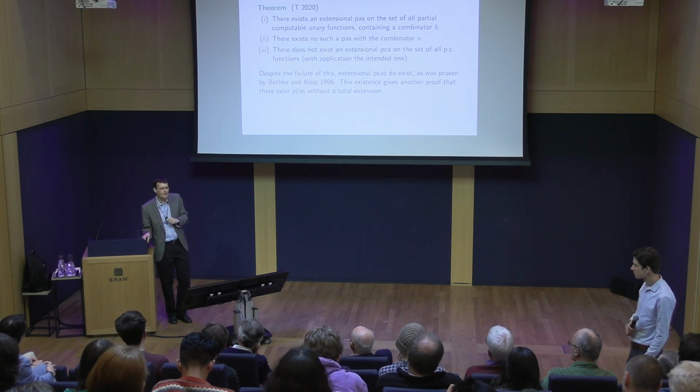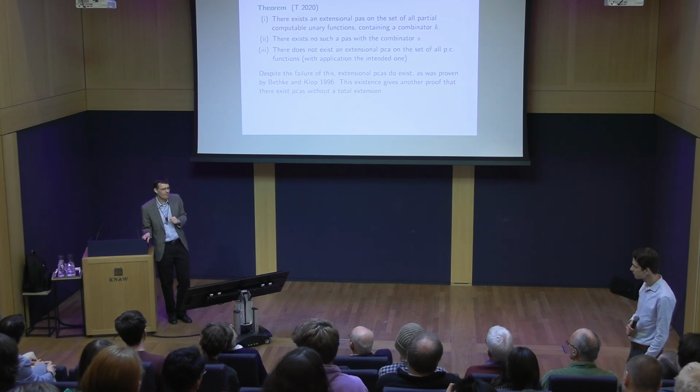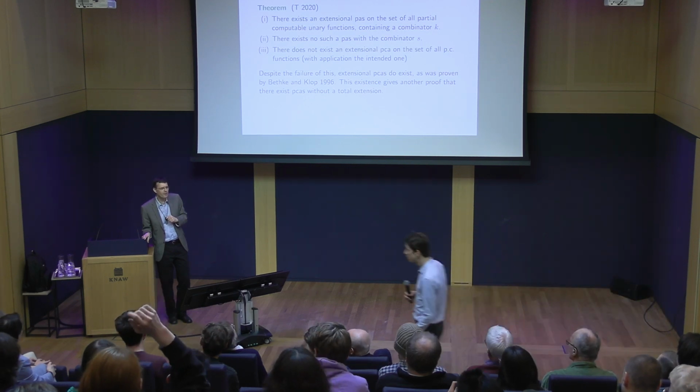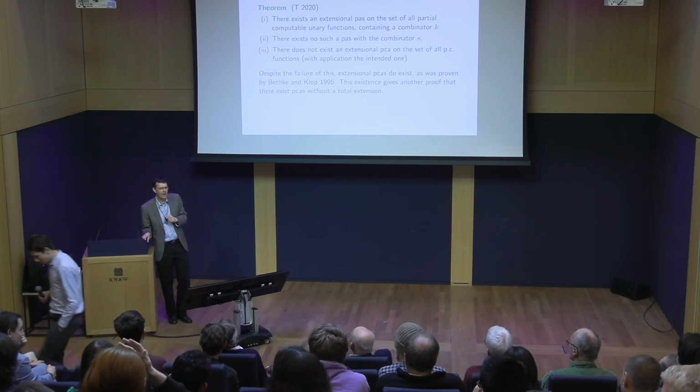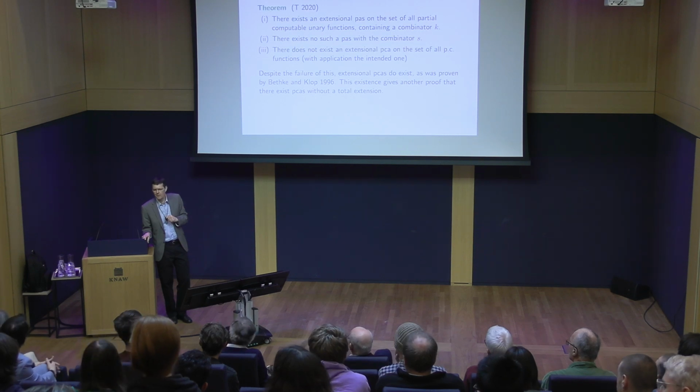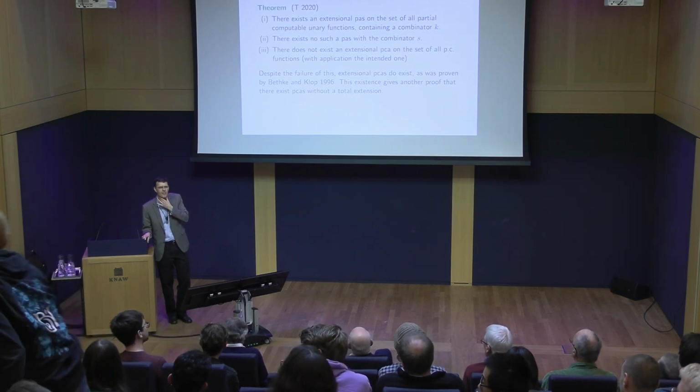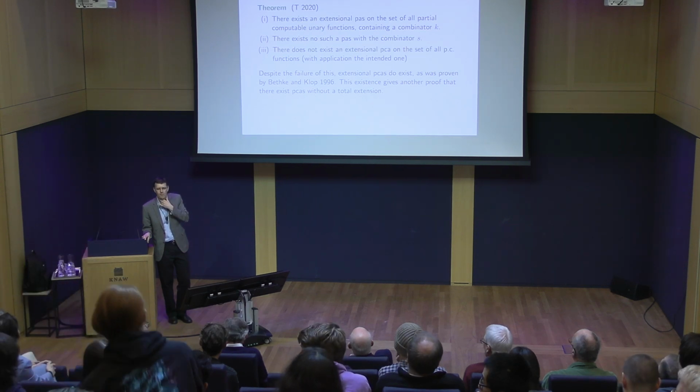It's probably some very complicated expression. They're not very natural, these things. I think all the natural examples of PCAs I know, they all have completions. So in that sense, they are sort of unnatural.